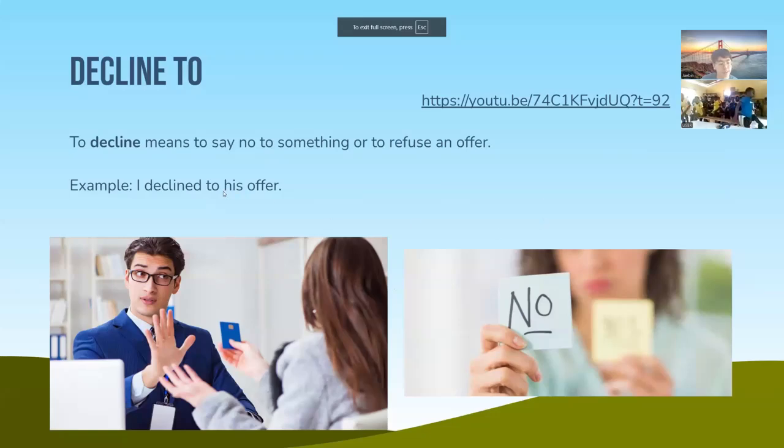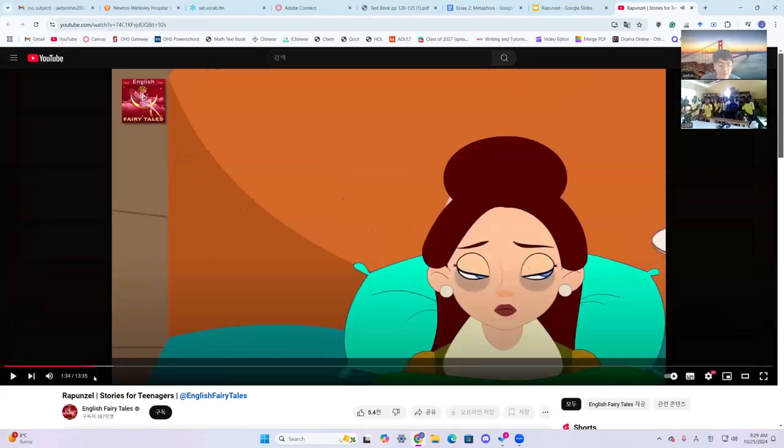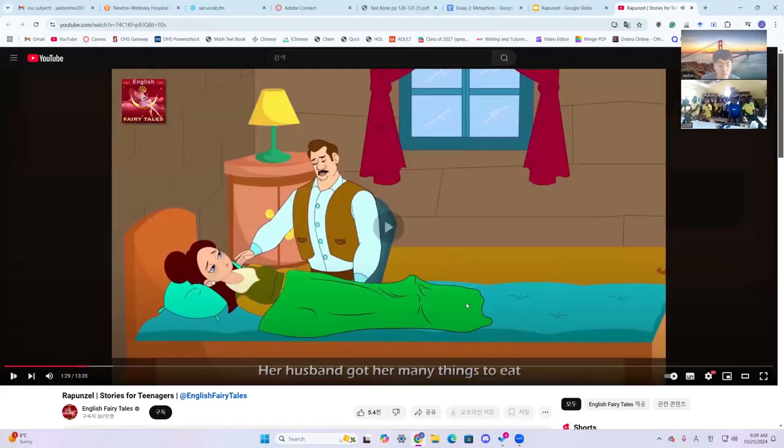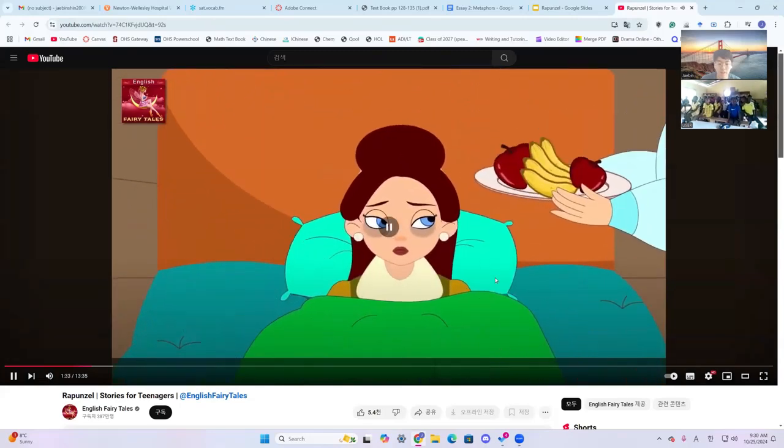The next phrase is decline to, and to decline means to say no to something or to refuse an offer. So, for example, I declined his offer. At the bottom here, this person is declining her offer and saying no to it. Here is where the word is used: her husband got her many things to eat, but she declined to have them.